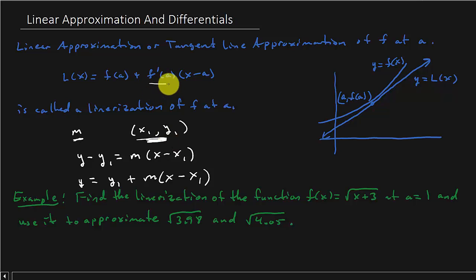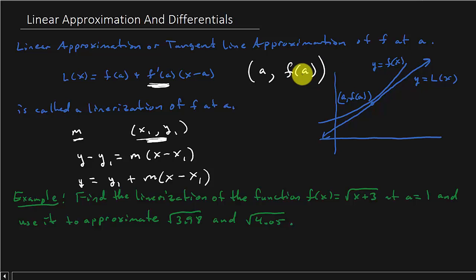Well, isn't that the slope, the derivative evaluated at that point a? That's the slope of the tangent line. And then what's your point? The x value is a. Well, what's your y value? If it's f of x, then you plug a in for x, and there's your f of a.